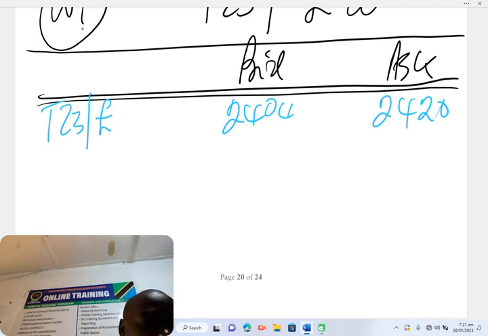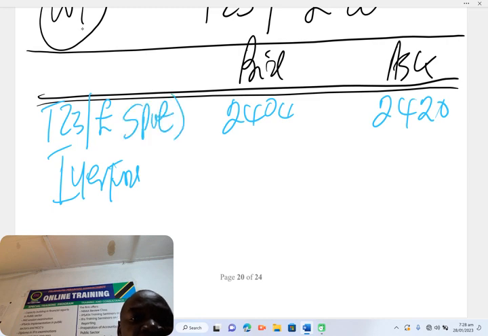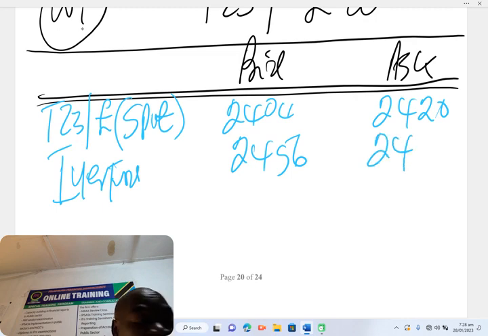Then 1 year forward. This one here is spot. So 1 year forward here is 24.56 and 24.74. So I have arranged it in this way.